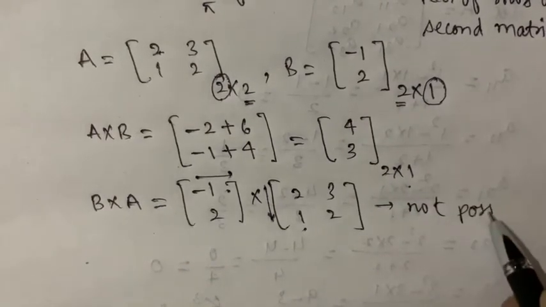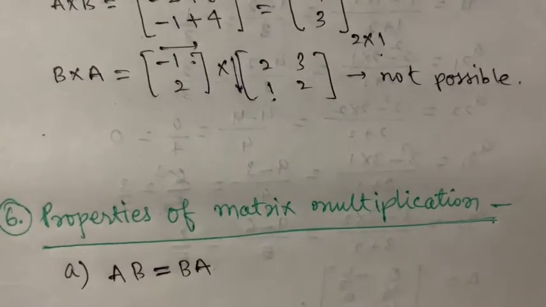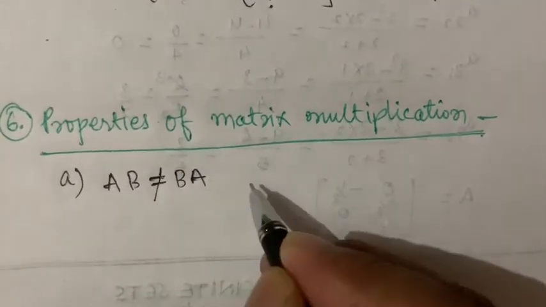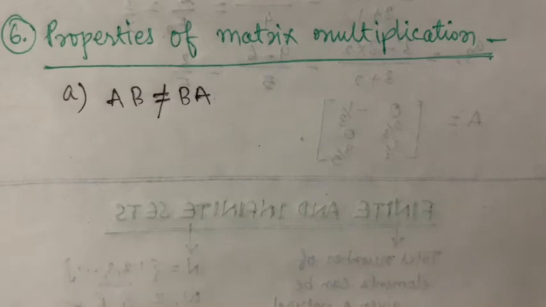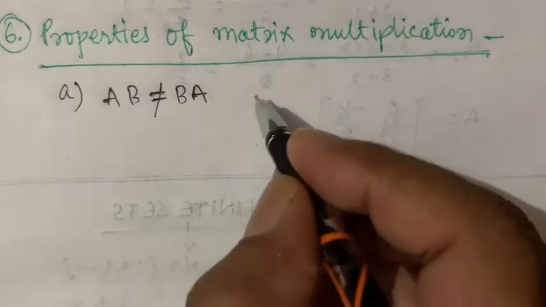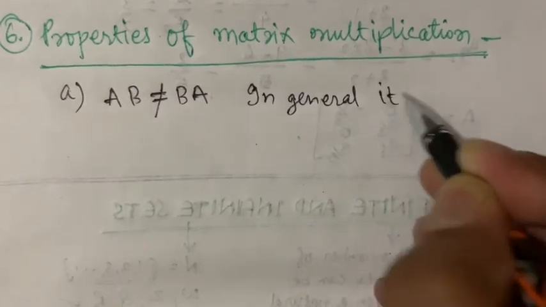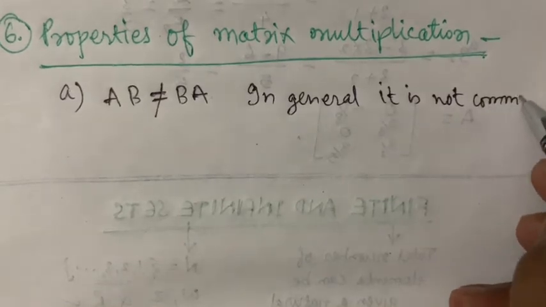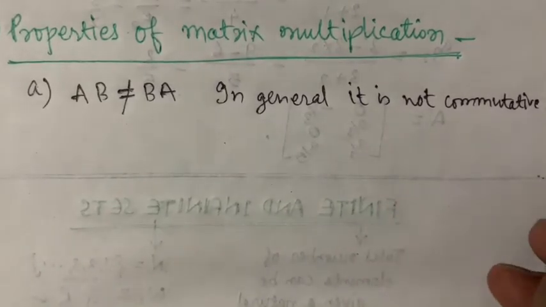That means the product is non-commutative here, so we will write AB is not equal to BA in general, because in some cases we will see that matrix multiplication is commutative also, but in general it is not commutative.